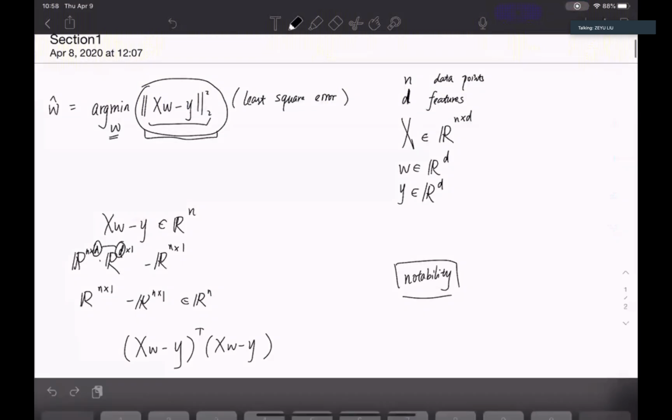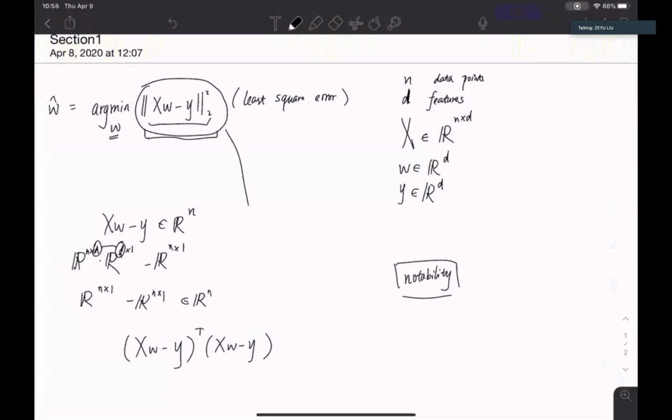The reason why this and this are equivalent is that this one is simply, let's write it this way, assuming A is some n-dimension vector.